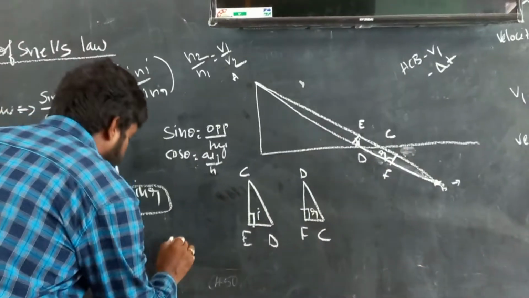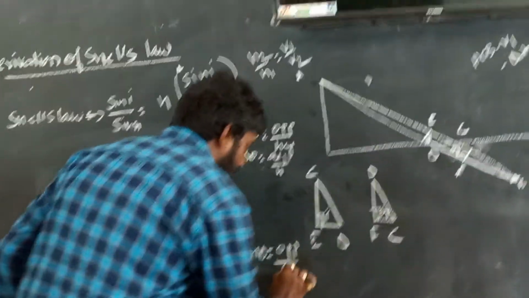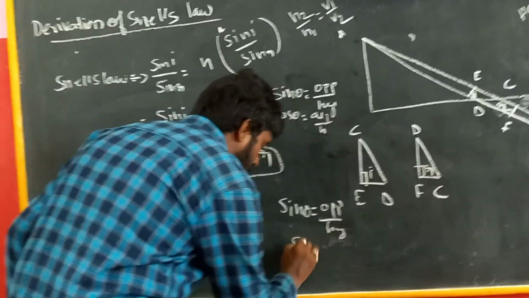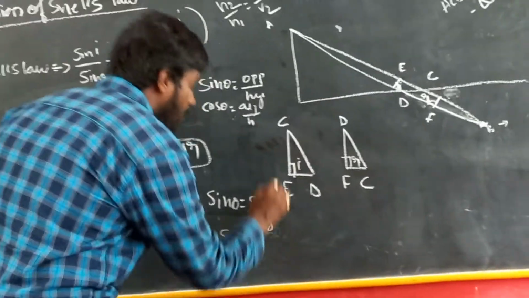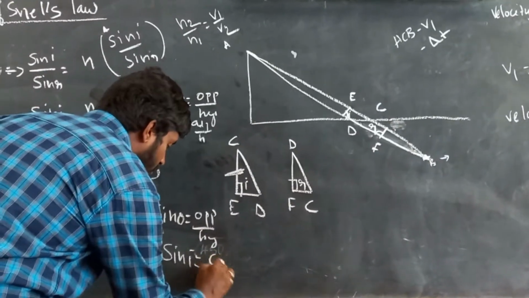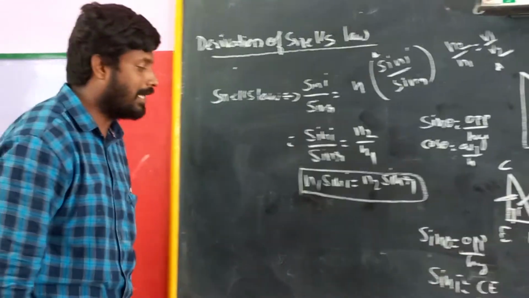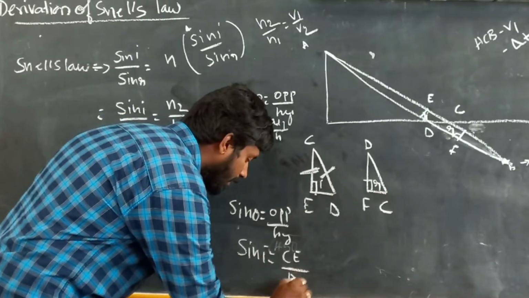Here we use sin theta. Here theta is I, so sin I is equal to the opposite side, CE. The longest side in the right angle triangle is called the hypotenuse, that is DC.